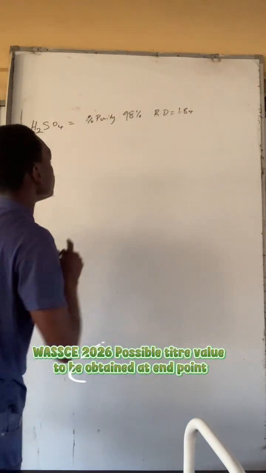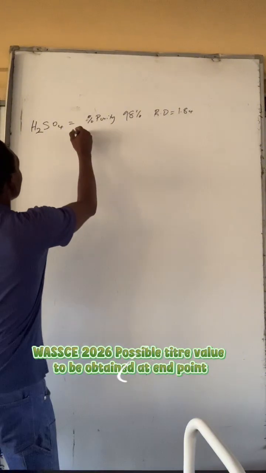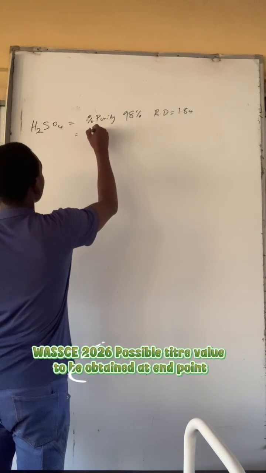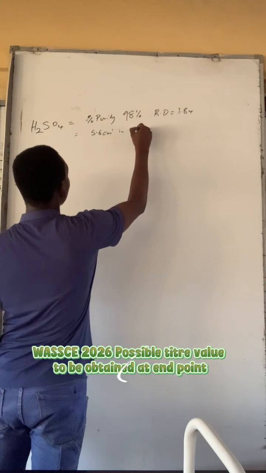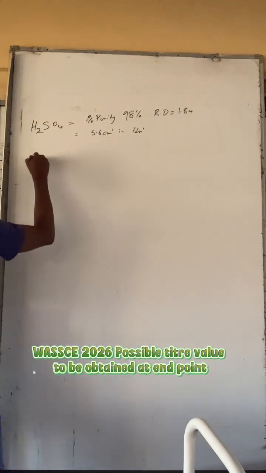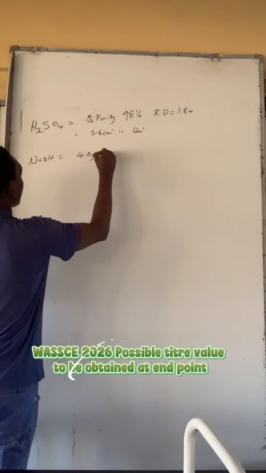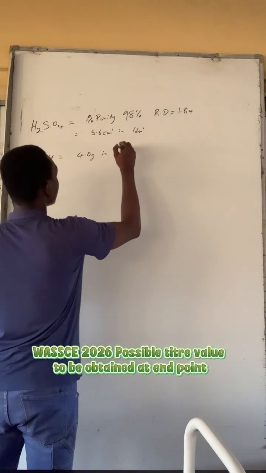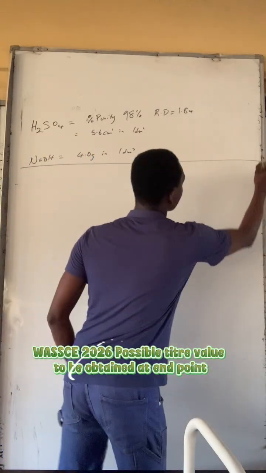And the volume is 5.6 cm cube in 1 dm cube of water. Now for the base, it's a strong base, sodium hydroxide, 4.0 gram in 1 dm cube. These are the information given to us.